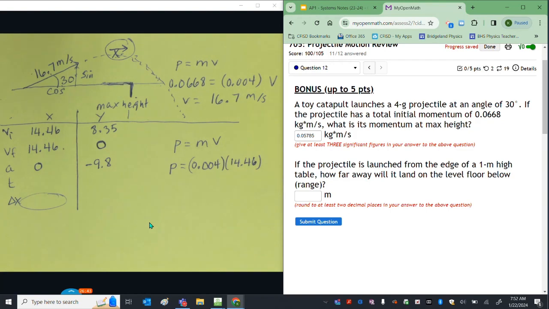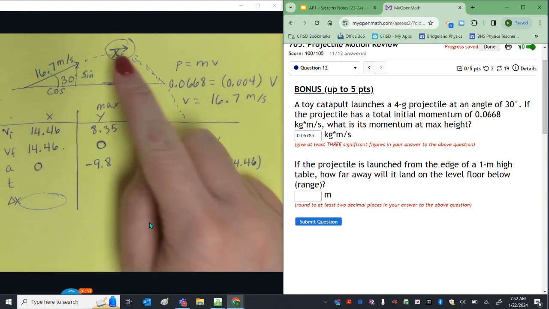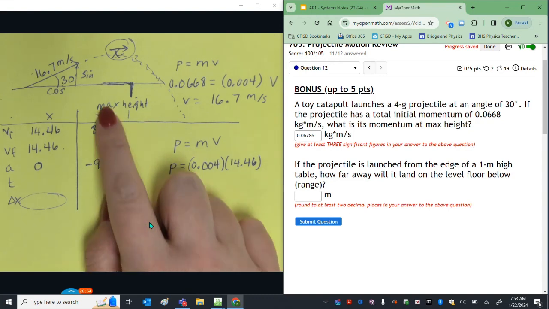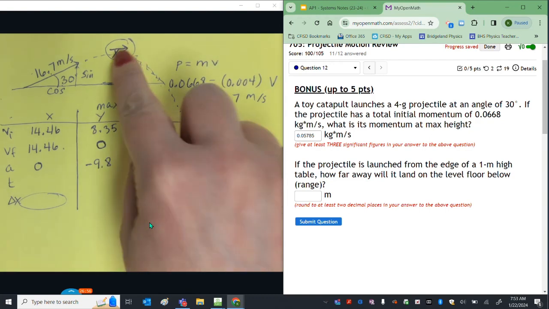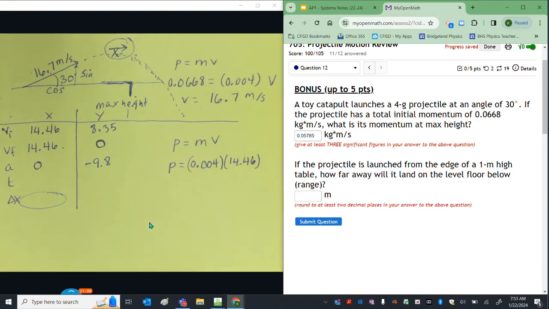Then we're going to need to figure out how much time it's in the air for. And we can find the time up to this point. That's pretty easy because we have all the information here to max height. And then we're going to have to figure out the time to fall from this point down to whatever height it is, which is going to be 1 meter below where it started.